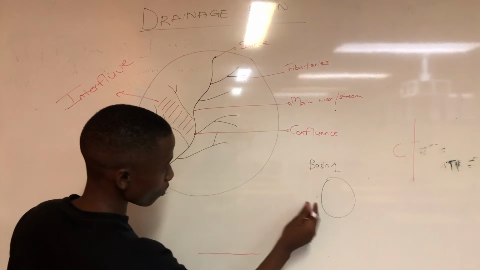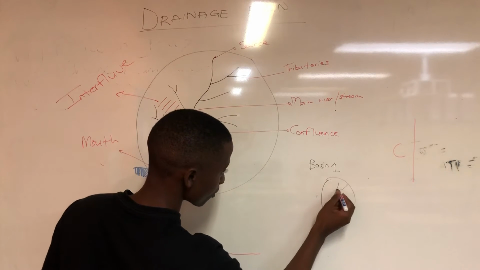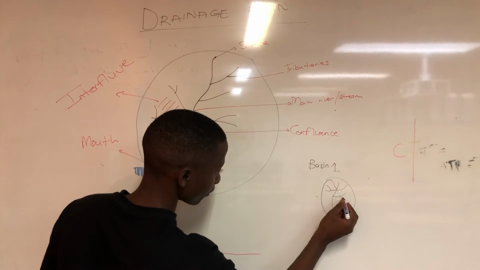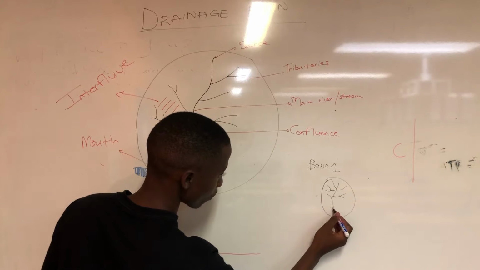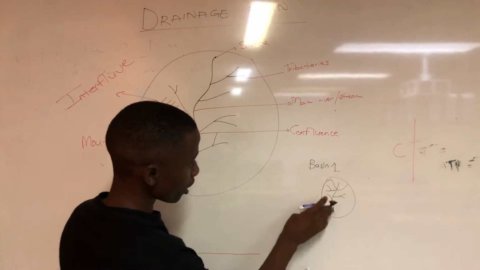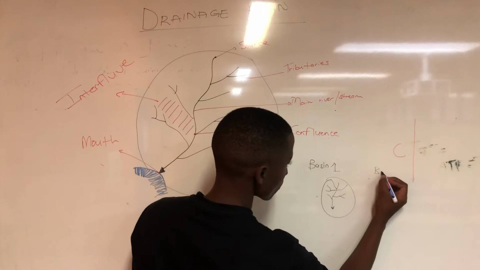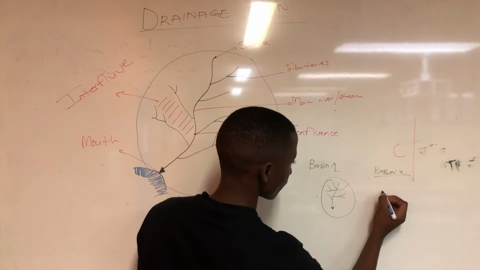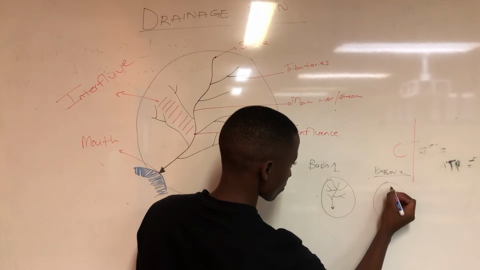This is drainage basin 1 with the river and its tributaries moving downwards. And this is basin 2, drainage basin 2.